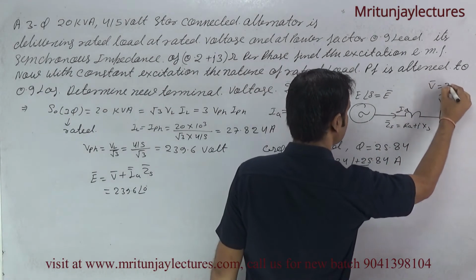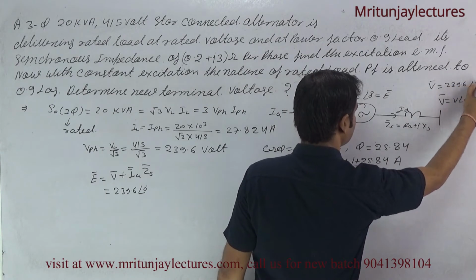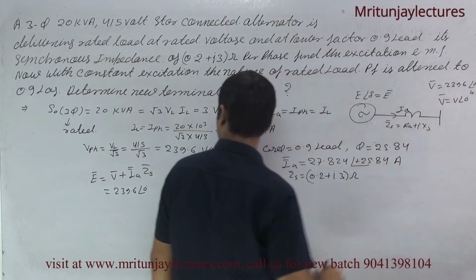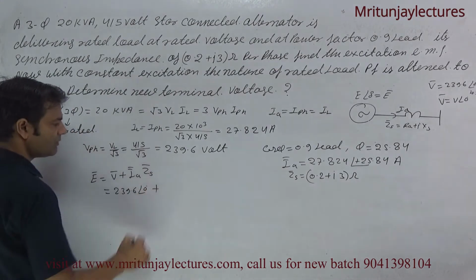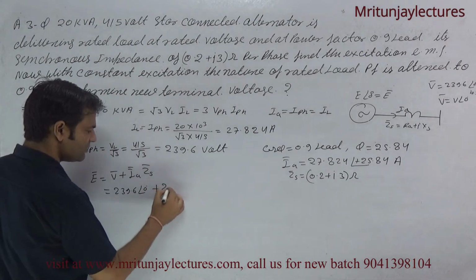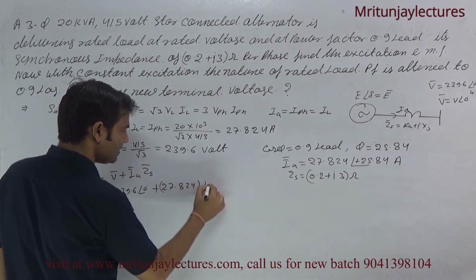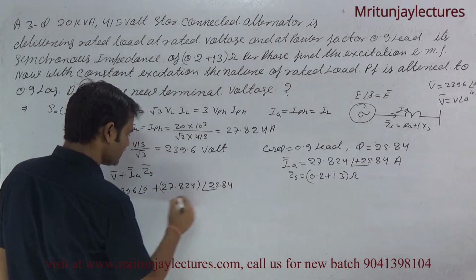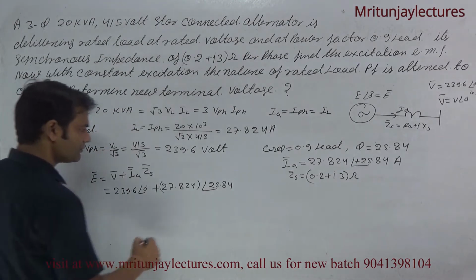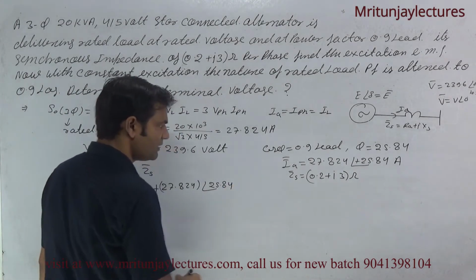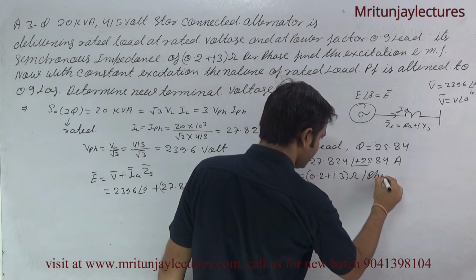V is always taken as the reference, 239.6 at the angle 0. So what about IA? That is 27.824 at the angle 25.84, okay, per phase.